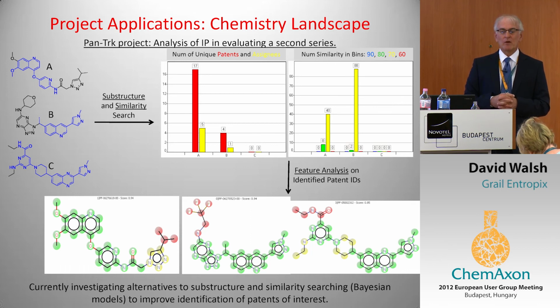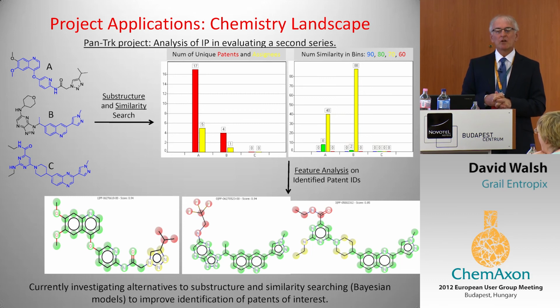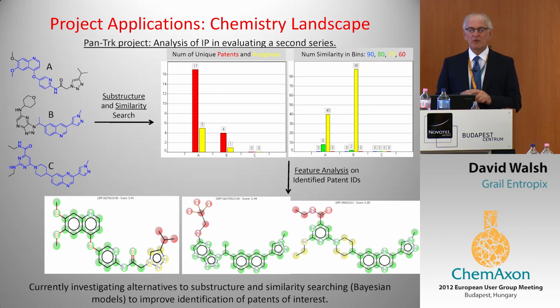We also generate collections of structures associated with particular targets and then define the similarity or feature analysis between those particular molecules. So that's the type of applications that we look towards, whether molecules are similar in structure or exactly the same, or how much they differ between particular scaffolds.